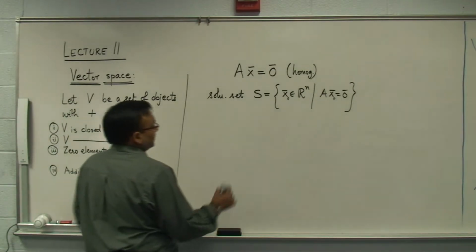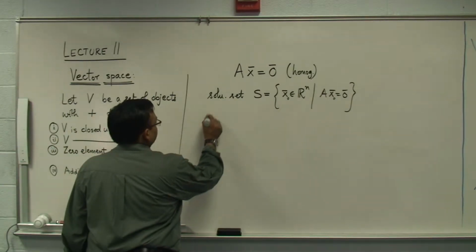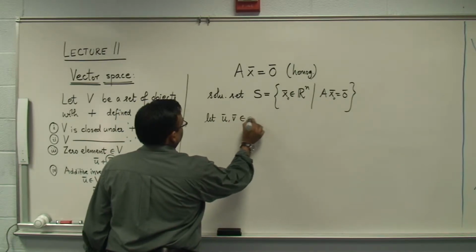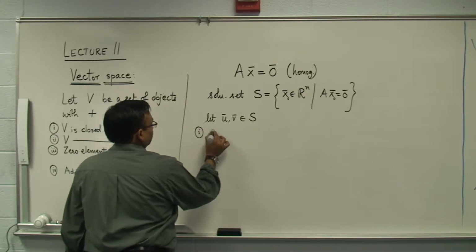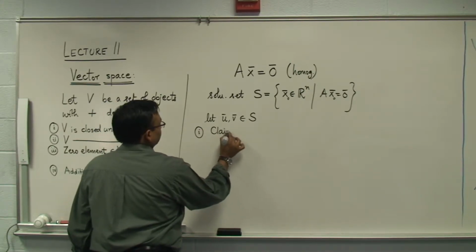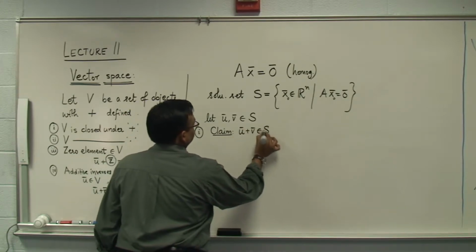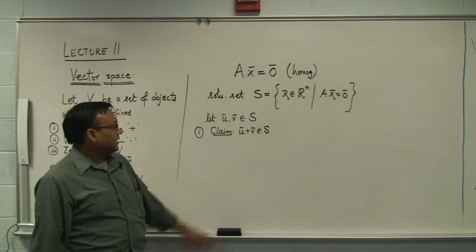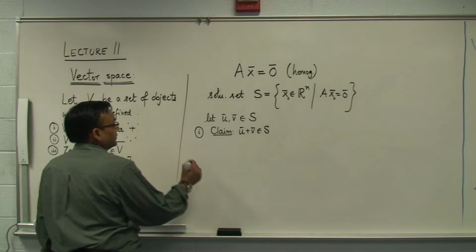I claim that the solution set also follows this structure. So for example, let U and V be in S. Then I claim that their sum must be in S. If I want the sum to be in S, it means I have to show you that this will turn out to be a solution for the homogeneous system.